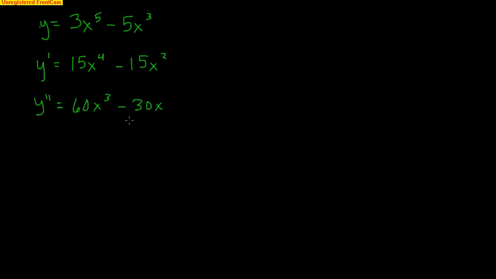Okay, so now I got to figure out the concavity here and the zeros from the first derivative. So I'm going to set this equal to 0 right here. And probably easy if I take out a 15x squared. Little factoring here. And I know I'll have x squared minus 1.